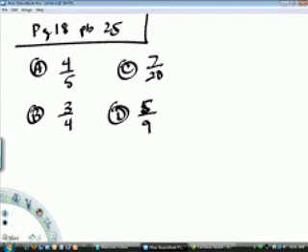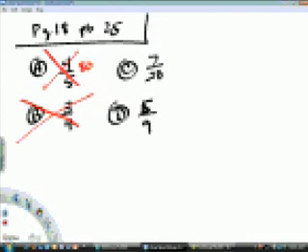Now, I know off the top of my head that B, 3/4, is 75%. So that's not a repeating decimal. So let's go ahead and look at the answers and cross out the ones you know can't be true. We know that B is not going to be one of the possible answers because 3 divided by 4 is 75%. That's not a repeating decimal.